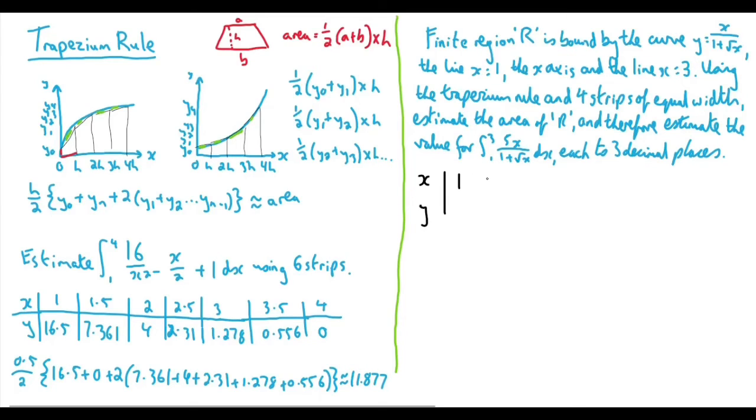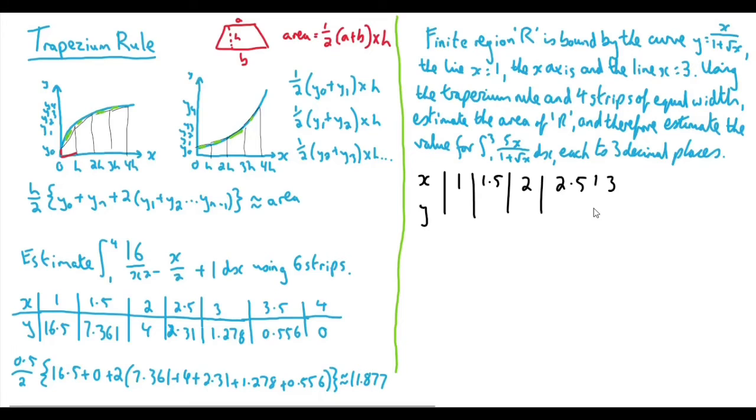We're again going to be going up in halves, so 1.5, 2, 2.5, and 3. If we hadn't noticed before, you end up with one more x value than you do strips, because you have the strip between 1 and 1.5, the strip between 1.5 and 2, between 2 and 2.5, between 2.5 and 3, right? That gets you the 4.